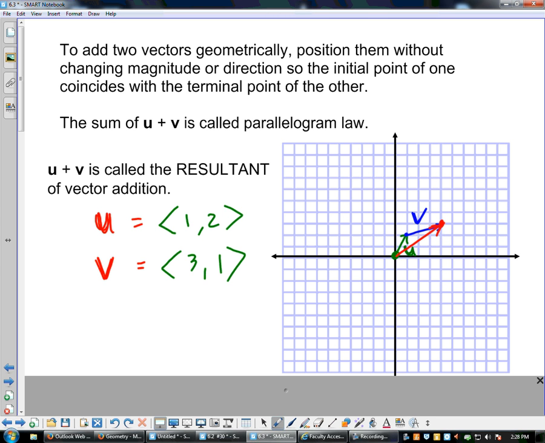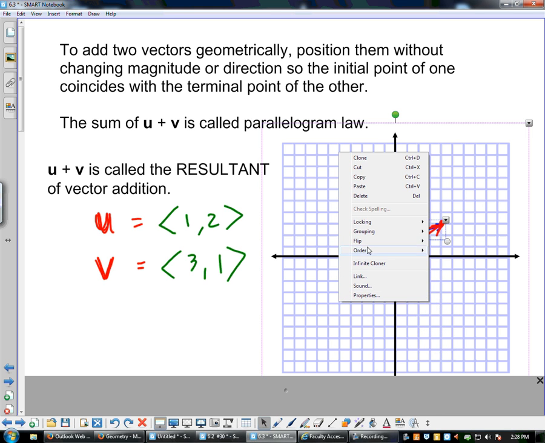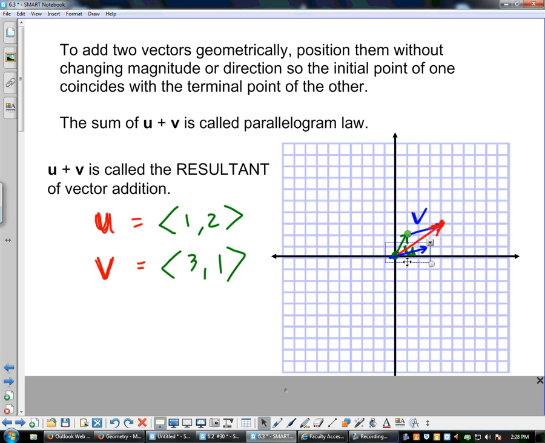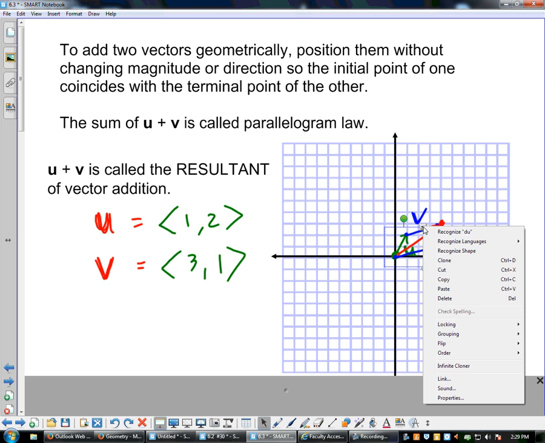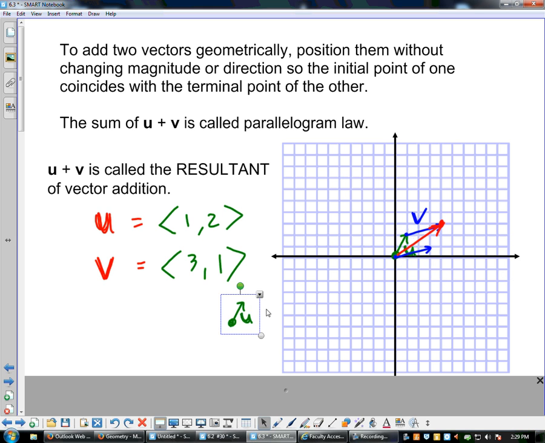Why is it called the parallelogram law? Because your resultant vector is actually the diagonal of a parallelogram where u and v are consecutive sides.